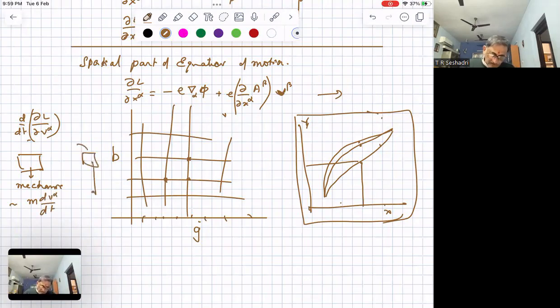And the other portion will give me something which is electromagnetic field dependent.